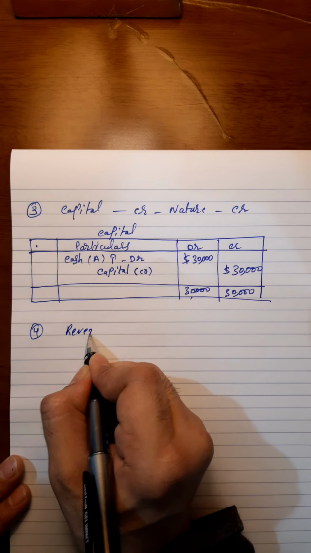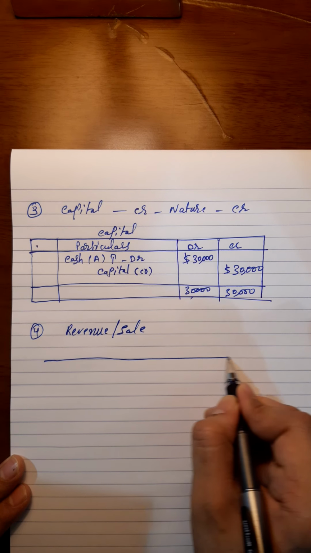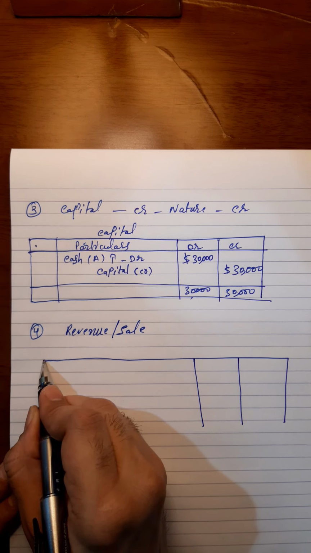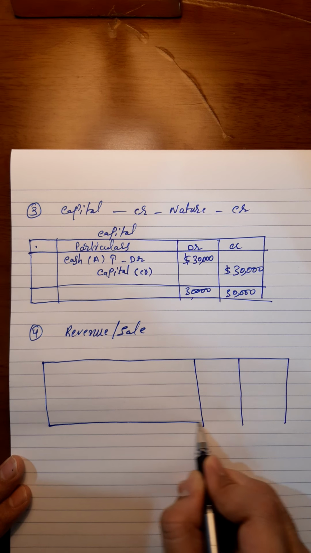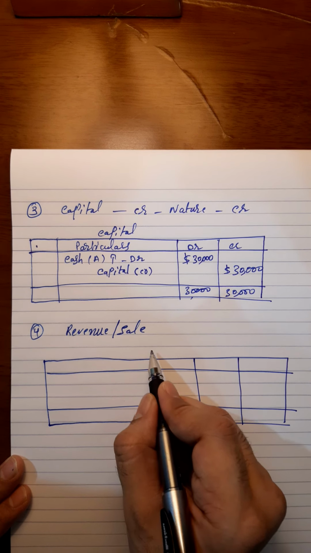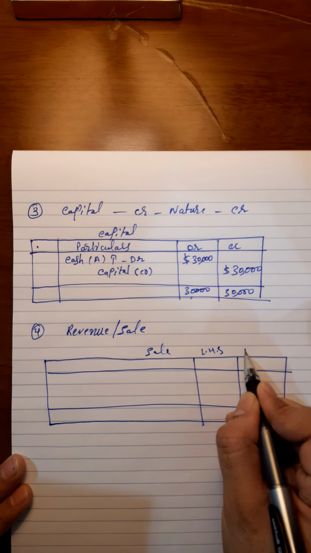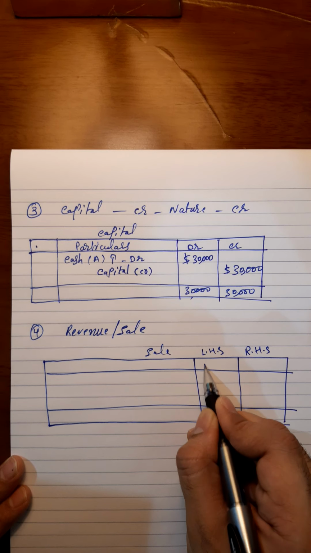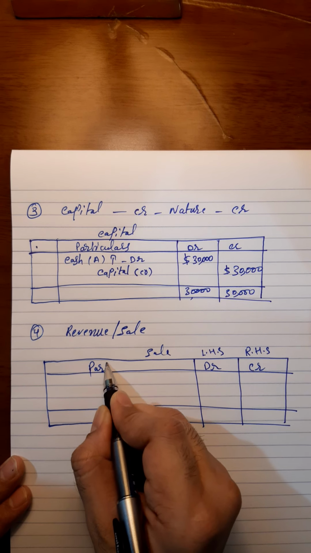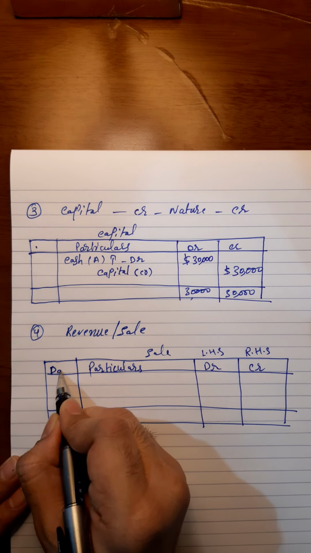Fourth, revenue or sale. This is the sale ledger. Left hand side, right hand side, debit, credit, particulars, date.